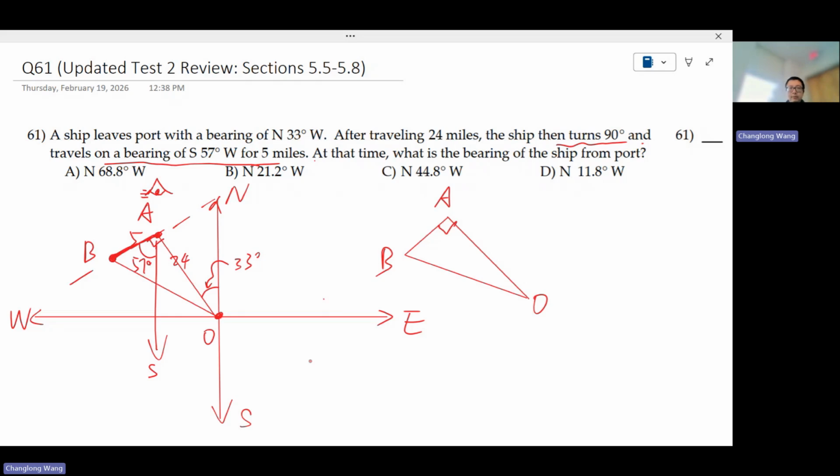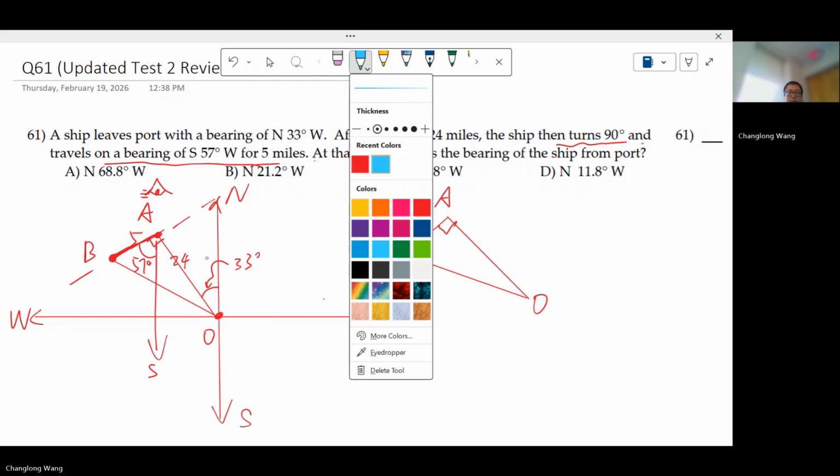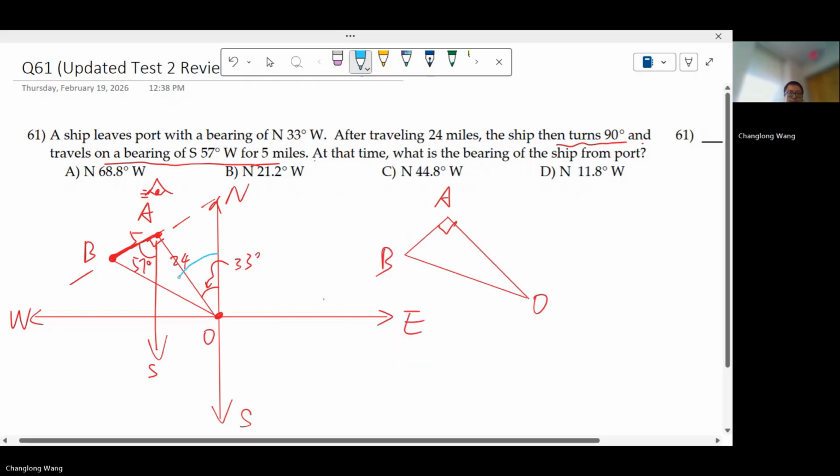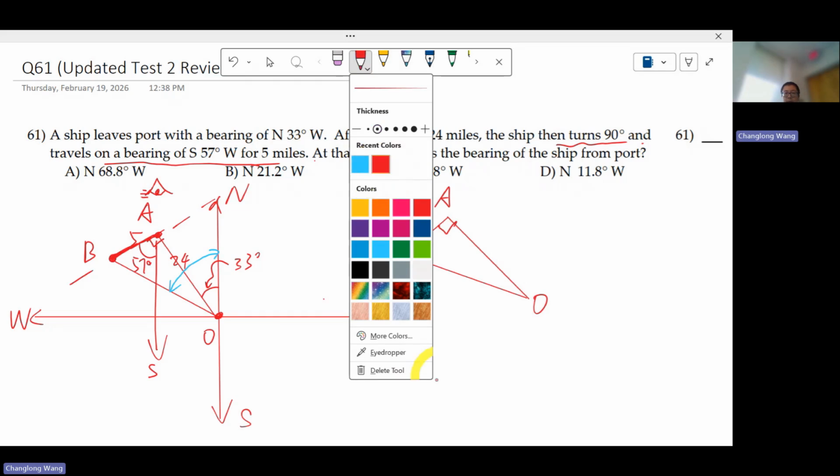You want to find the angle between the north all the way to OB, and that angle depends on that 33 degree and the angle AOB. So now we're down to finding the angle AOB.